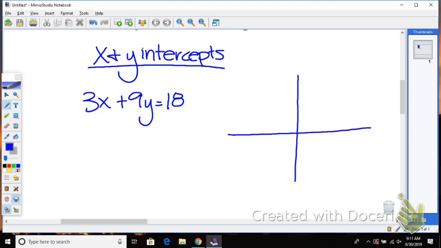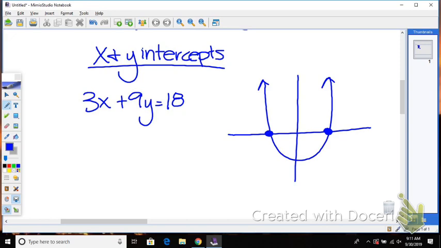Let's just remember that when I was solving my x and y intercepts, I was finding where they crossed the axis. So the x-intercept in this case would be like these 2 points. What do you know about the y value at these 2 points at your x-intercepts? The y value is 0.